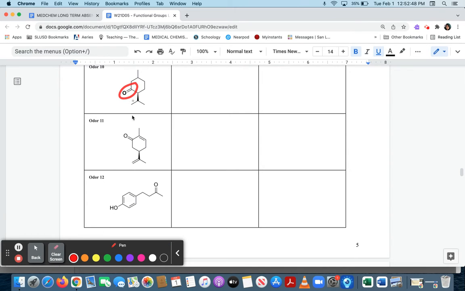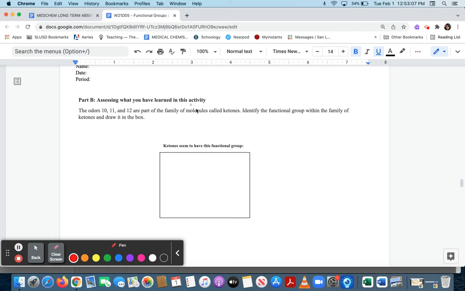They have this particular shape in common for these particular odors, right? So oftentimes things that are minty in their odor or taste will have an oxygen double bonded to a carbon. We call this functional group or this common repeating shape a ketone, right? So we would kind of draw it like this.